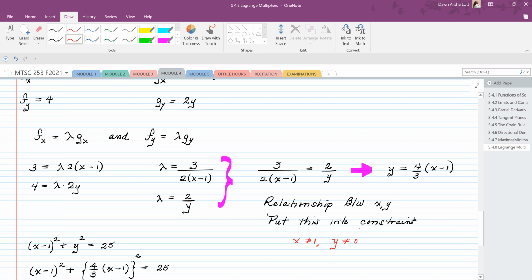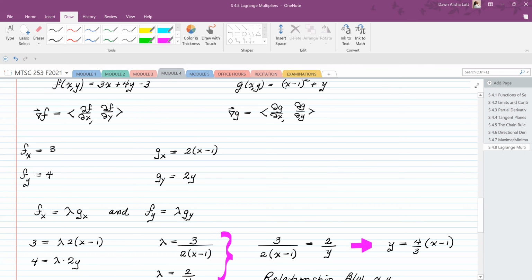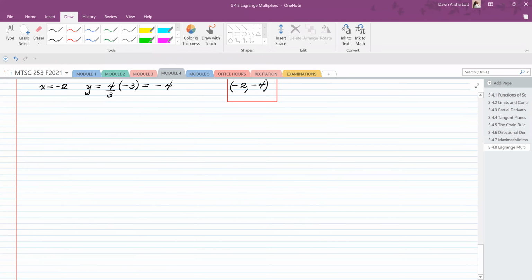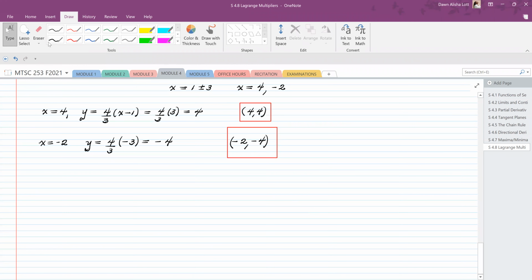So we still have to check those points in the constraint. We must check x equals 1 and y equals 0 in the constraint.